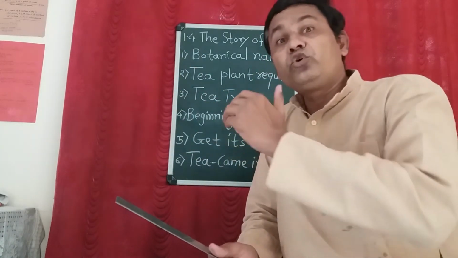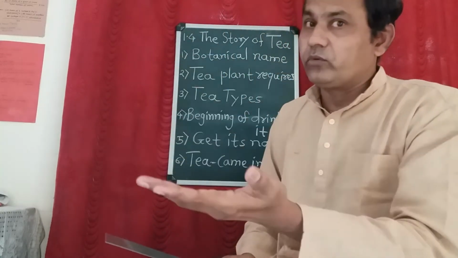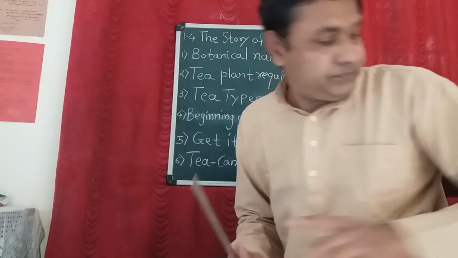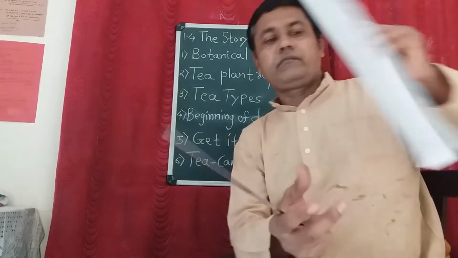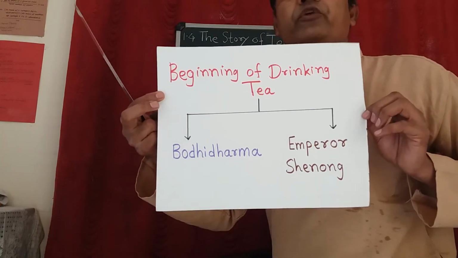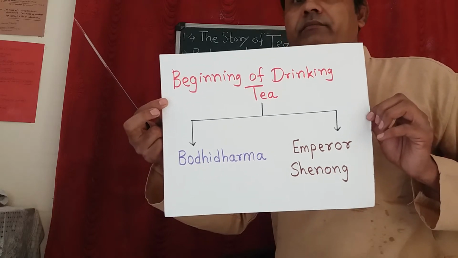Legends are stories passed on from one generation to another. They may or may not be true. There are two legends about tea in China: the story of Bodhidharma and the story of Emperor Shennong.